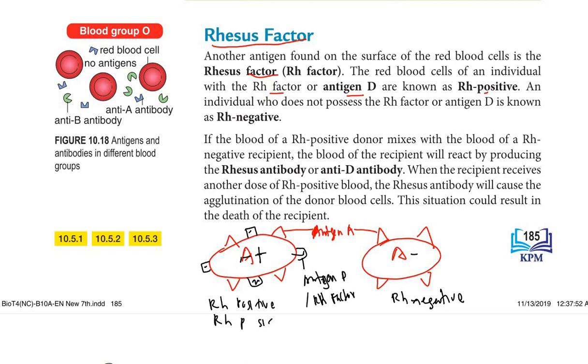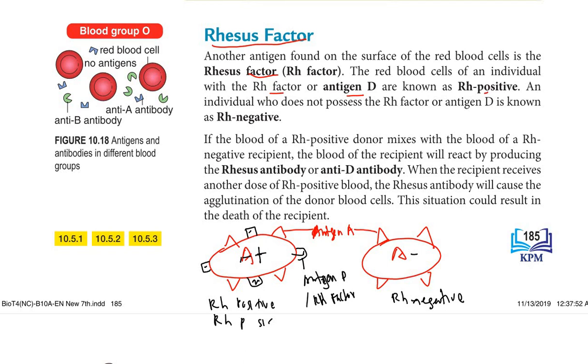So that's why, for the compatibility, if you want to donate blood, it is not necessarily that A blood can donate to an A person. It also must depend on the Rh factor, whether negative or positive. Why?